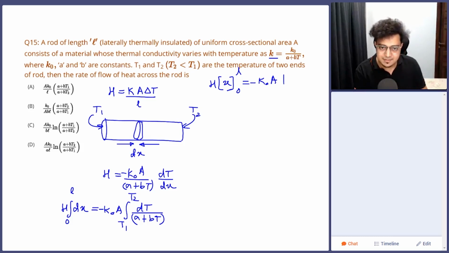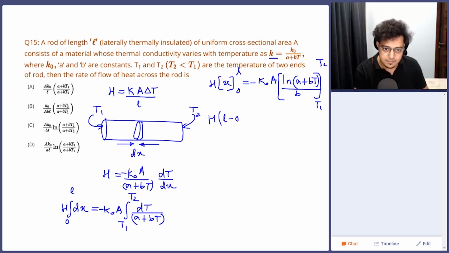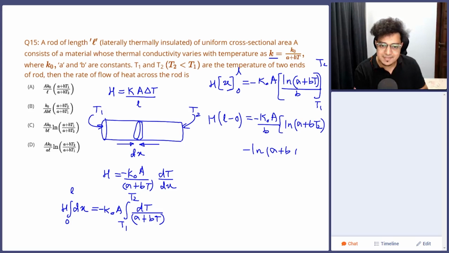This is a standard integration: ln of (A plus BT) divided by B between the limits. So here we will get H times (L minus 0), then minus K naught A upon B, and here we have ln of (A plus B T2) minus ln of (A plus B T1).